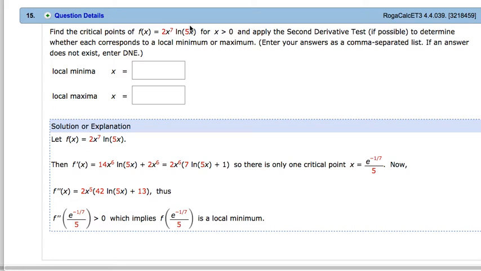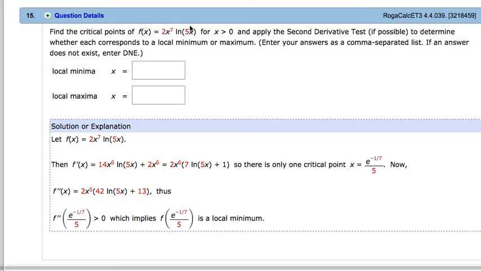So for the derivative of the natural log of 5x, you've got the chain rule. So it's 1 over 5x times 5, which is 1 over x. 1 over x times 2x to the 7th simplifies to 2x to the 6th. So then to solve, they factored out a 2x to the 6th. You get that. So they set each factor equal to 0, for x greater than 0.